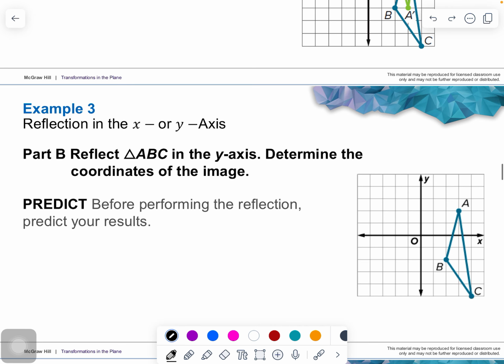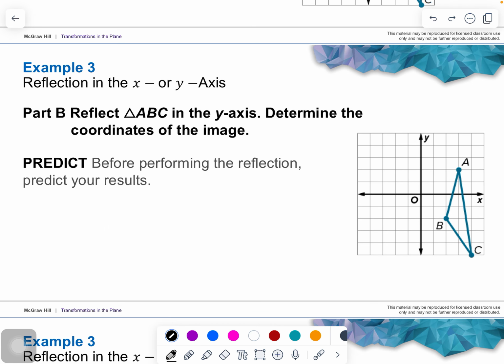Now if I'm doing part B, if I'm going to go across the y-axis, now they're going to come over here. And my rule is x, y goes to negative x, y, because my y-axis stays the same, it's my x that changes. My y values stay the same.